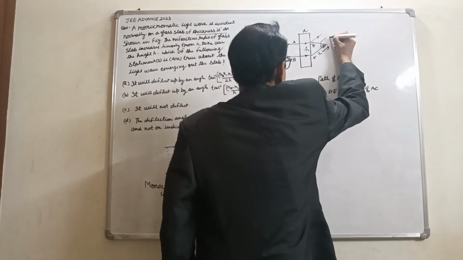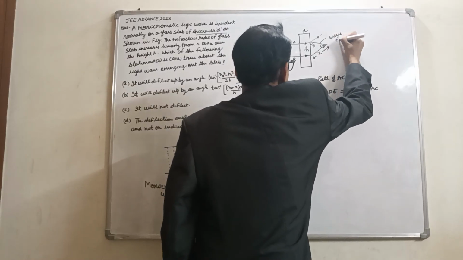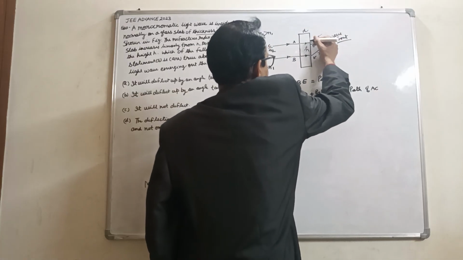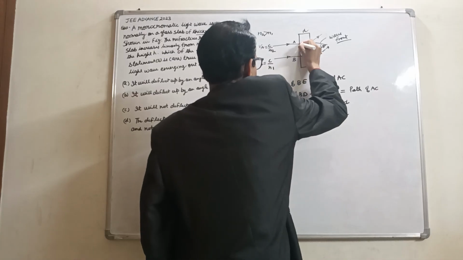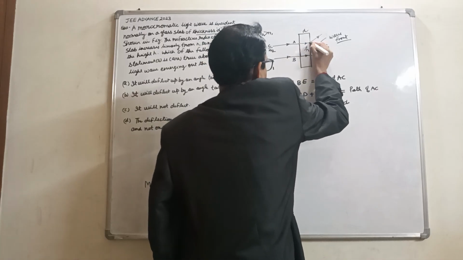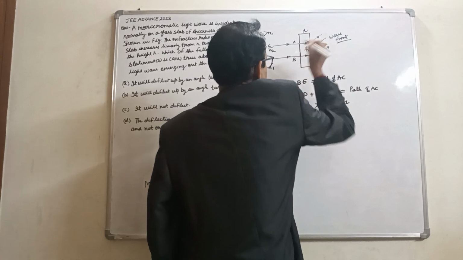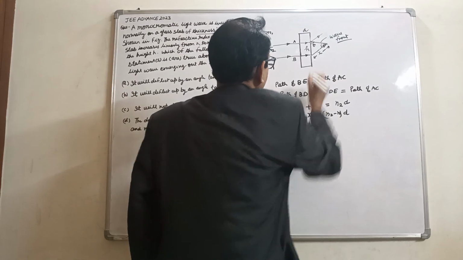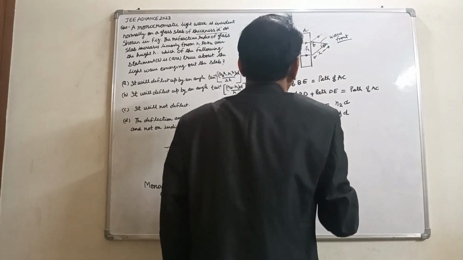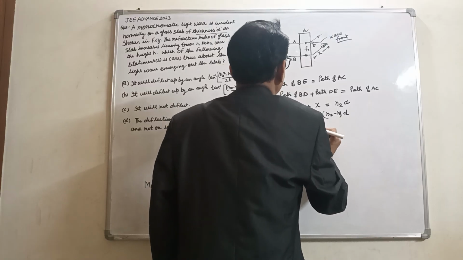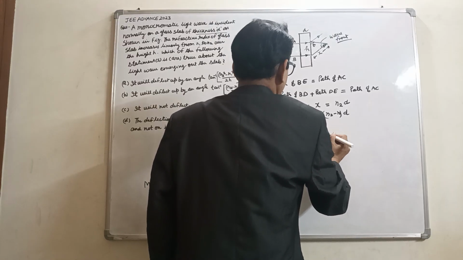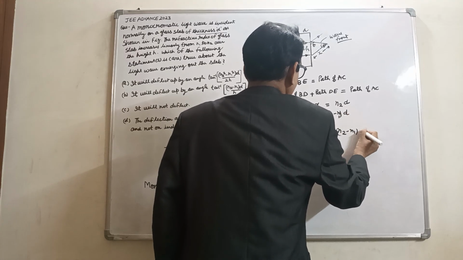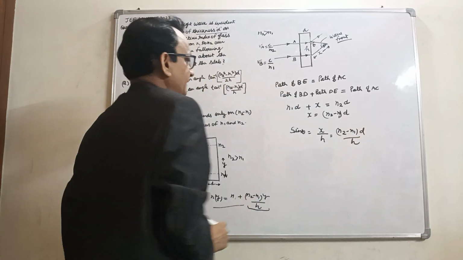This is the tangent of the wavefront, propagating here, tilted by theta. So sin theta would be, this is perpendicular, x upon h. So this would be (N2 minus N1) into d by h. This would be sin theta.